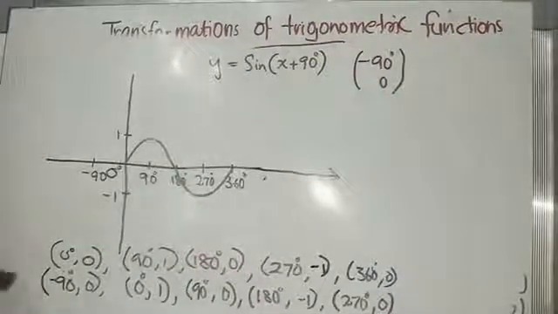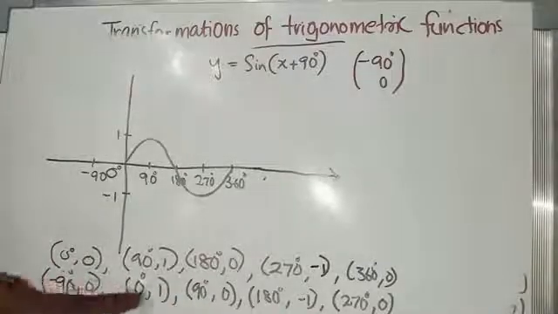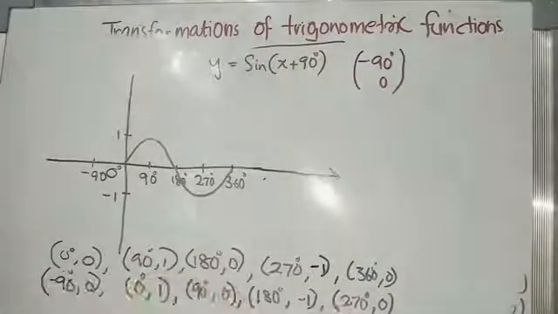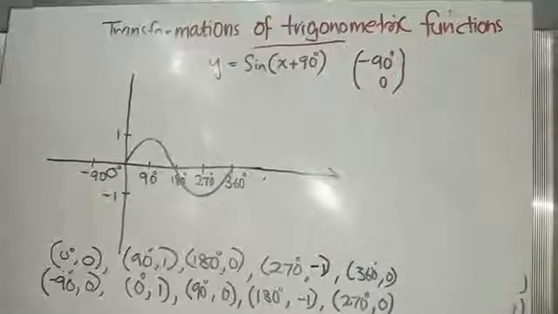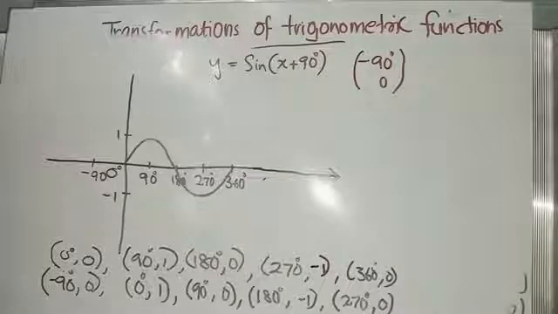So the change happens only for x coordinates. Okay, and there won't be any change in period or amplitude. Period and amplitude remain the same in horizontal and vertical translation. There would be a change in period and amplitude for stretch.